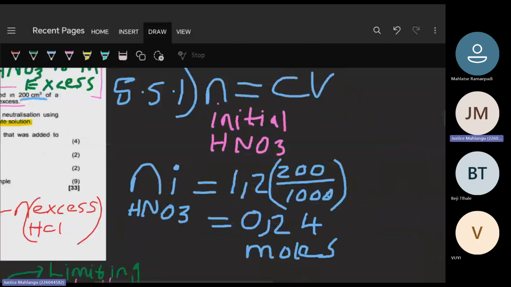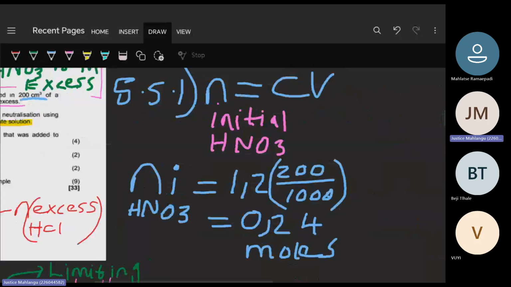Therefore, number of moles is equal to mass over the molar mass. If I cross multiply, mass is equal to molar mass times the number of moles. So what is the molar mass of potassium hydroxide, guys?